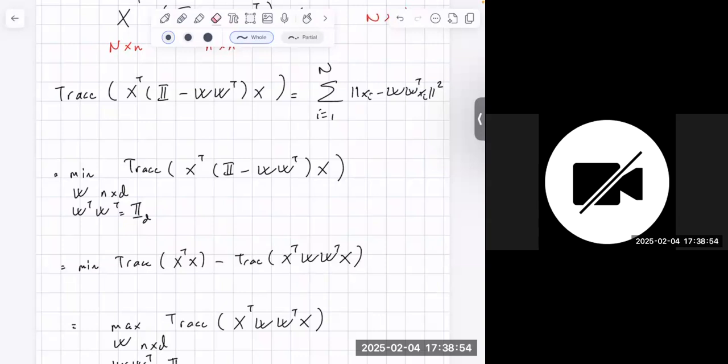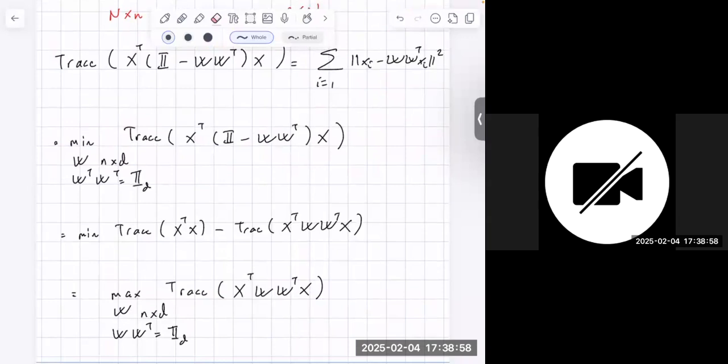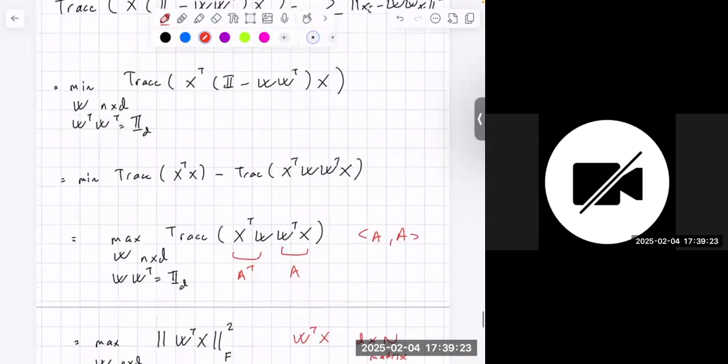Okay, very good. And now remember, trace gives you an inner product. So if this would be a matrix A, what would be A transpose? This would be A transpose, and this would be literally the inner product of A with itself, or in other words, the norm of A squared.